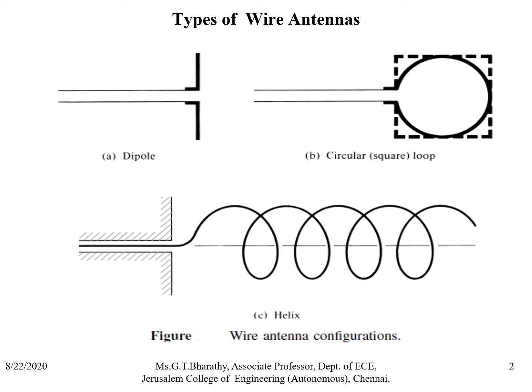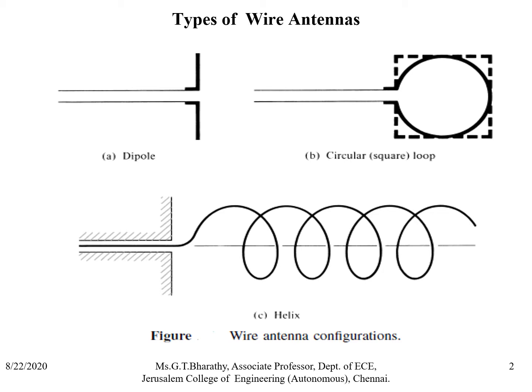Types of wire antennas. The dipole antenna, loop antenna and helix antenna are classified as wire antennas. Among these, we have already seen the characteristics, radiation field and radiation pattern for a dipole antenna.